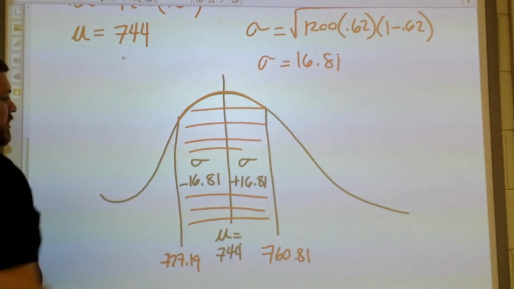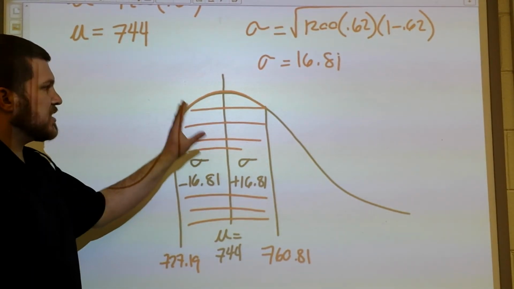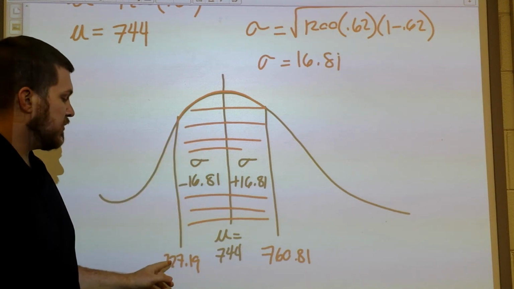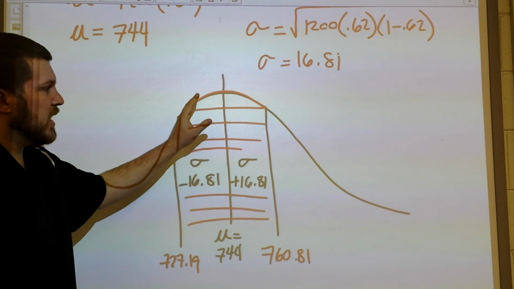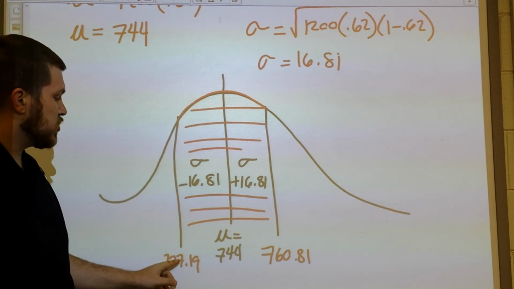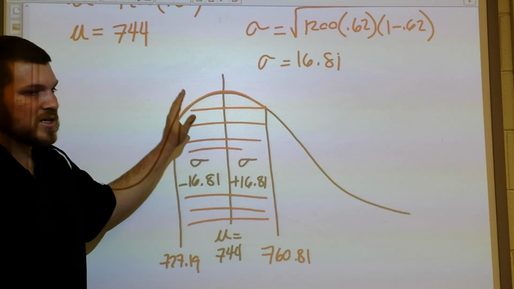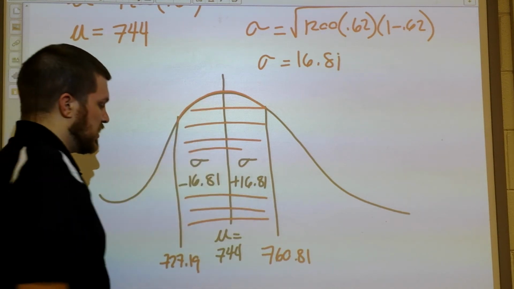So based on this normally distributed data, 68% of the data says that between 727 people and 761 people are going to say yes, they want the school bond. Let's go a little bit better.